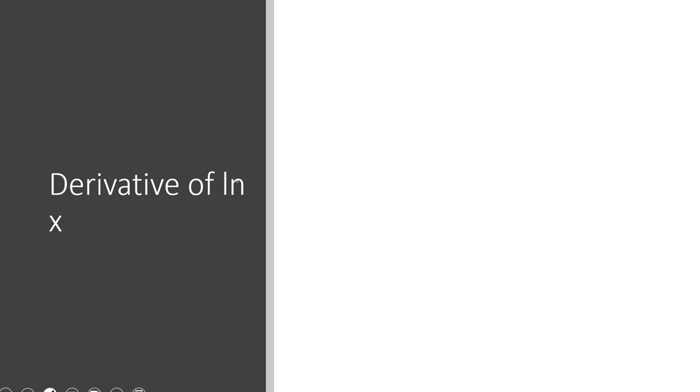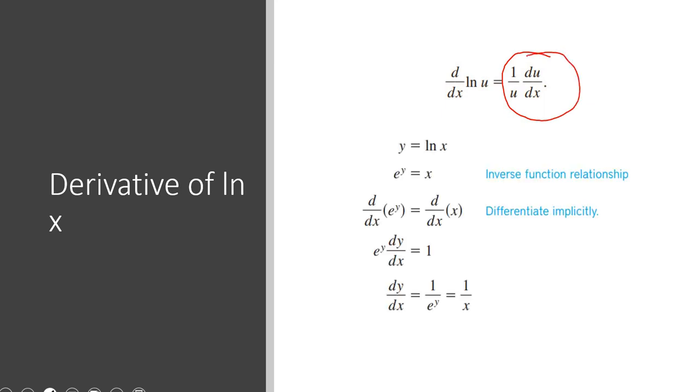What happens if we take the derivative of ln of x, aka the natural log of x? Strangely, that just results in 1 over u times du/dx. Again, this relates to e. If we have y equal to ln of x, and we know that e raised to the y is equal to x, then taking the derivative with respect to x of e raised to the y is just equal to taking the derivative of x, which of course is just 1.